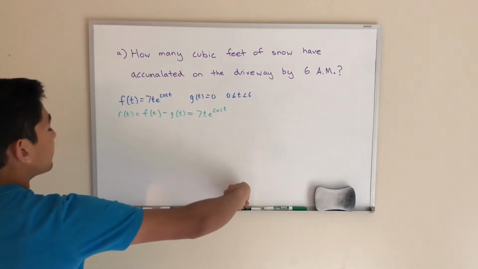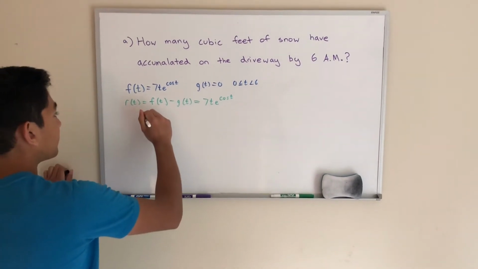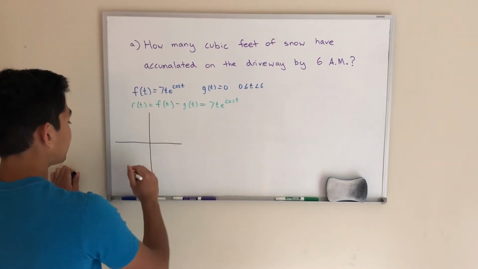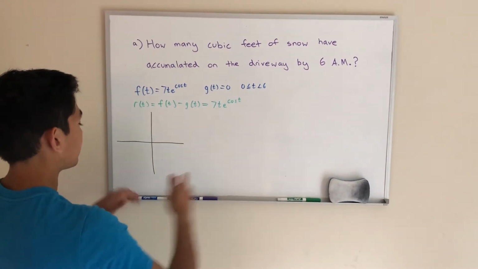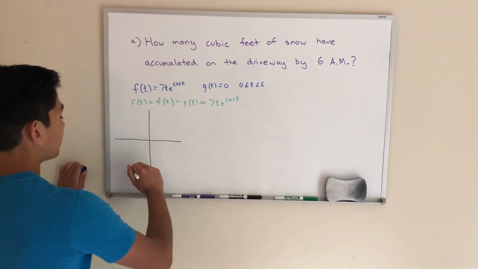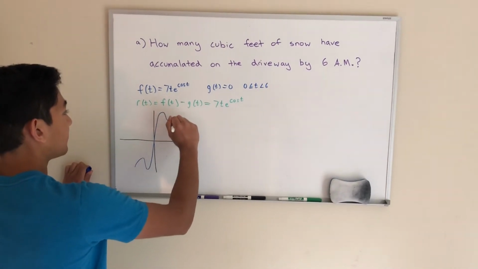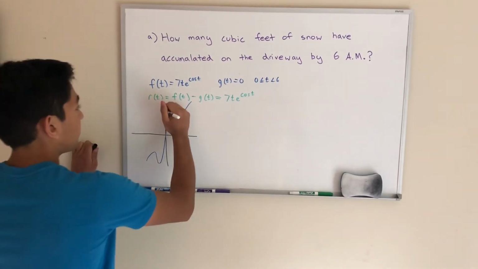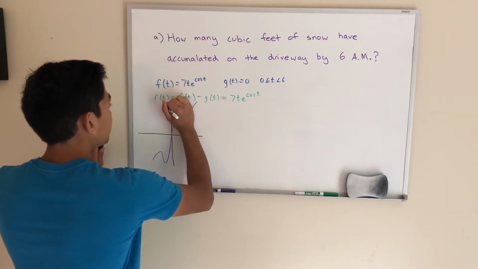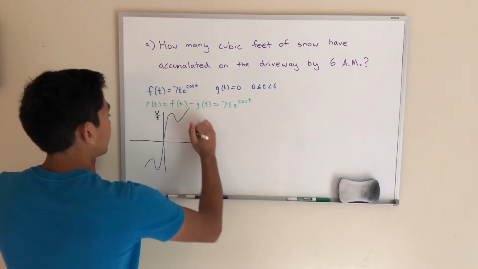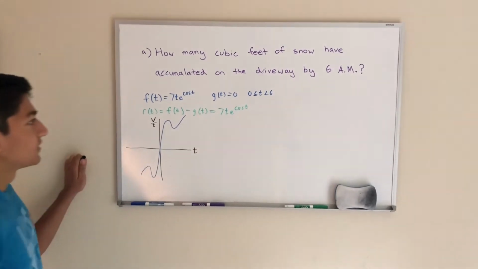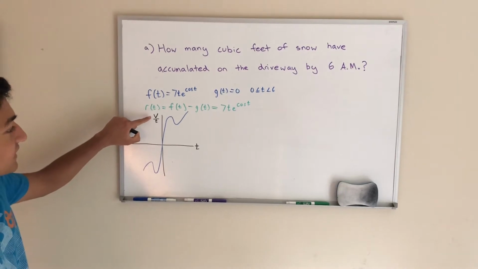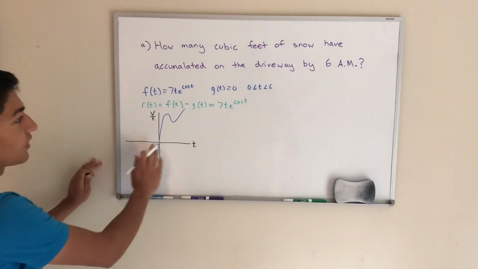So first, we can start by graphing the function. It will look somewhat like that. And our units are volume per time by time, because this is in cubic feet per hour, and it's going across by time.